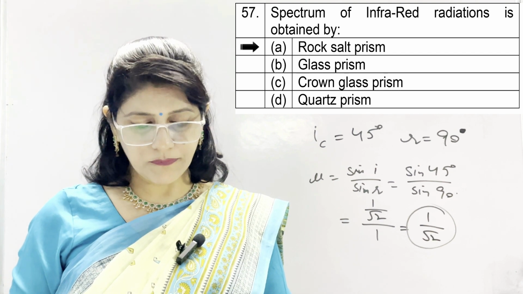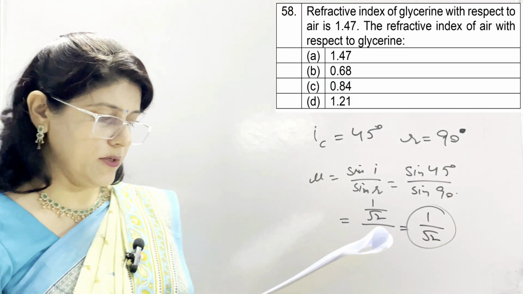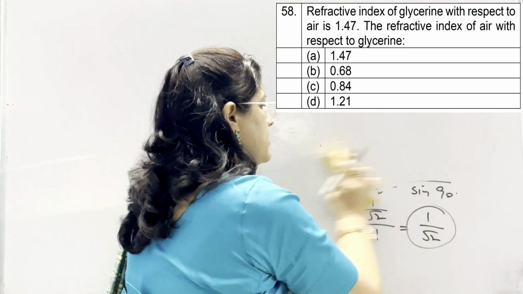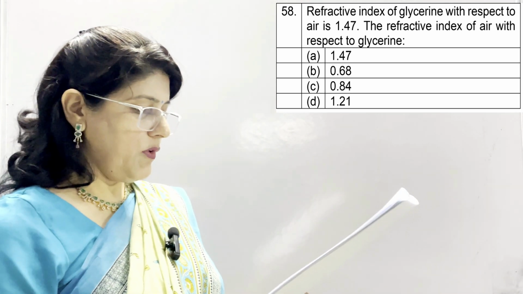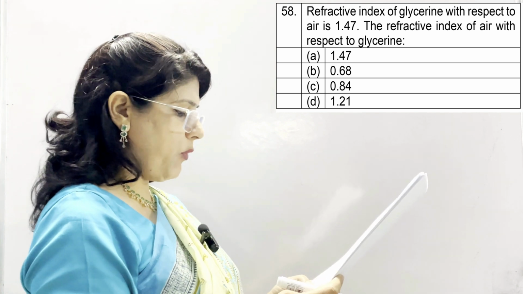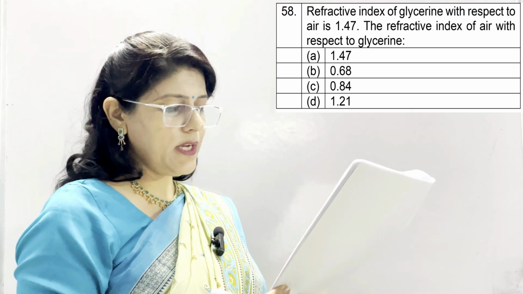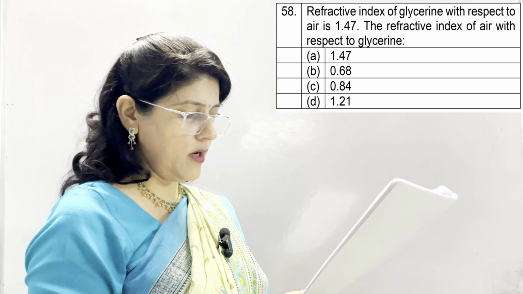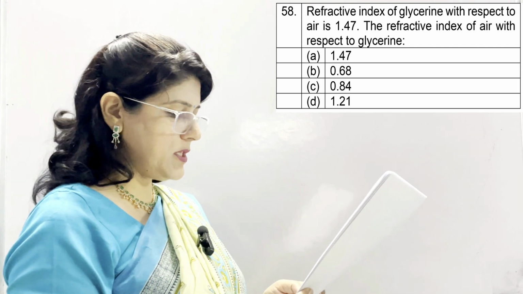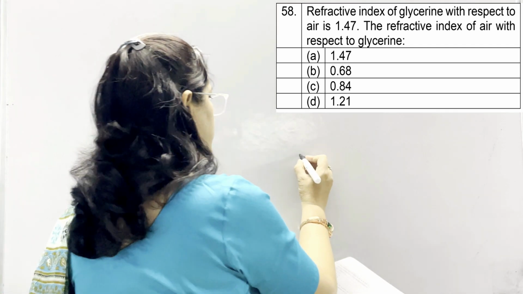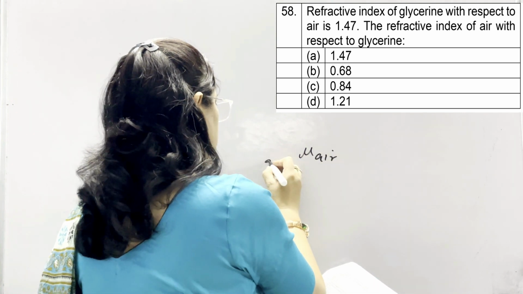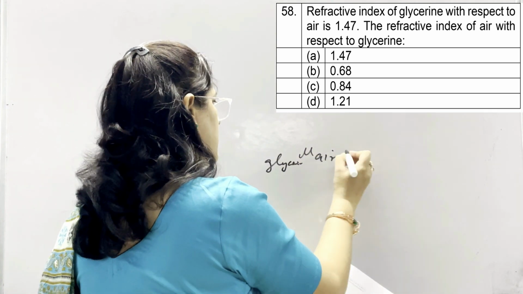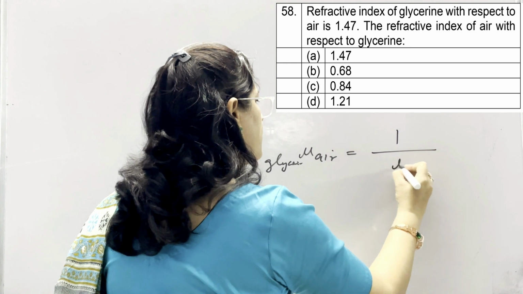In question number 58, refractive index of glycerine with respect to air is 1.47 and the refractive index of air with respect to glycerine we have to find. Options are given. So we know that refractive index of air with respect to glycerine is 1 upon mu.